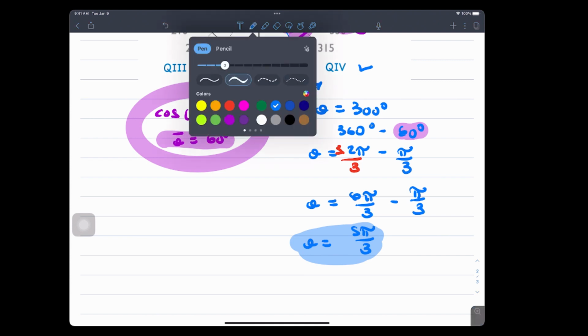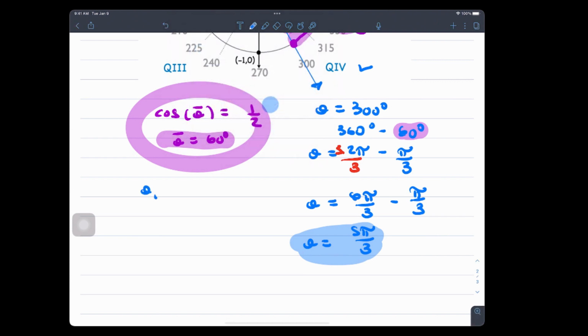So your solutions are going to be the following. We got the first solution here, it's pi over 3. And the second solution is going to be what? 5 pi over 3.